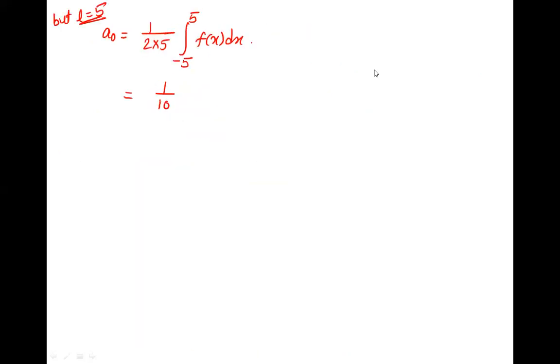So 1 by 10 is out. The integration breaks as minus 5 to 0 and 0 to 5. On minus 5 to 0, what is the value? 0. And on 0 to 5, the function is 3. So this whole part is 0. This is 1 by 10.